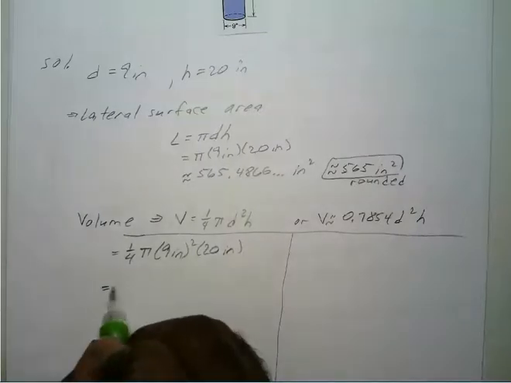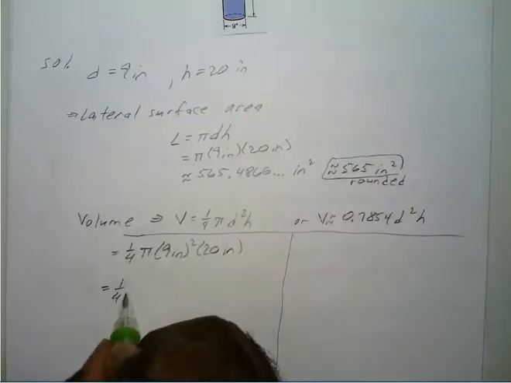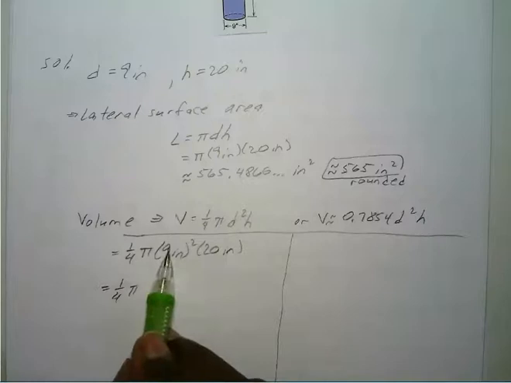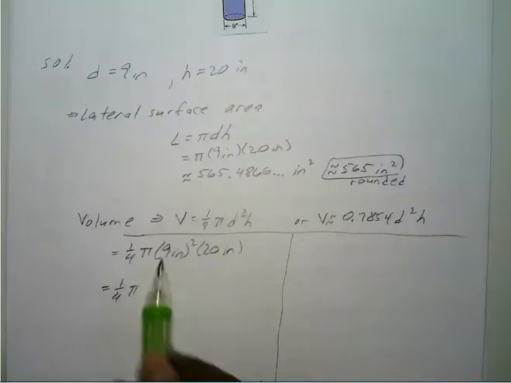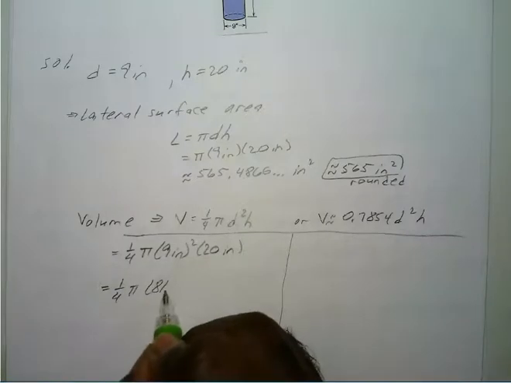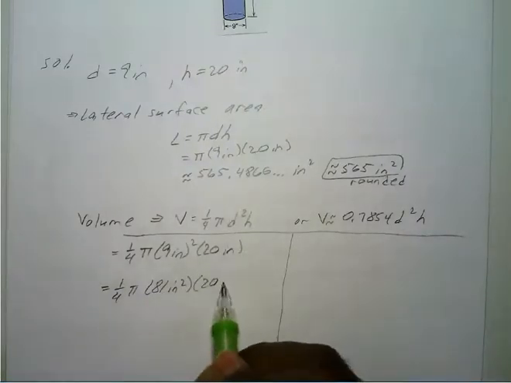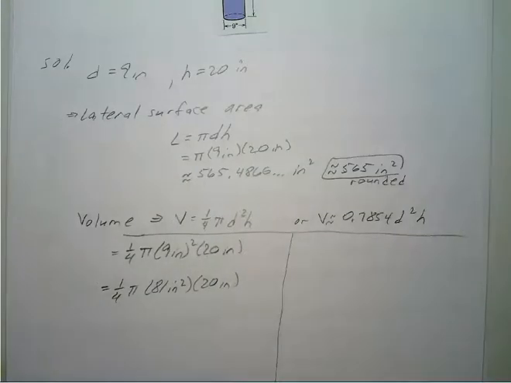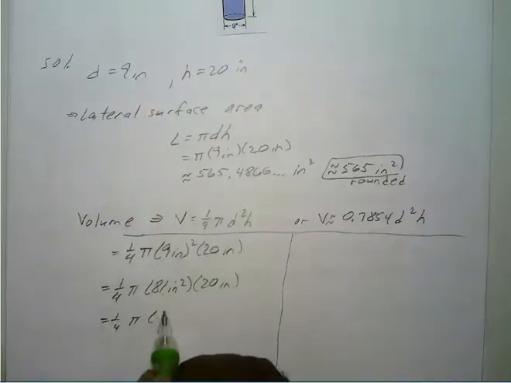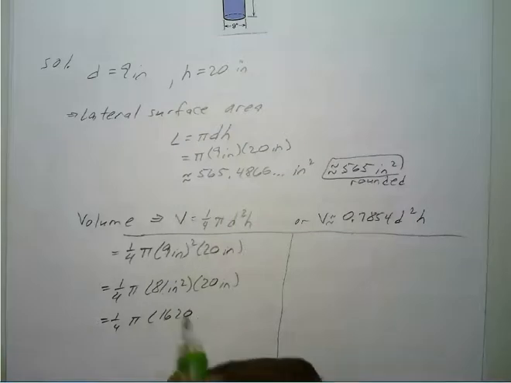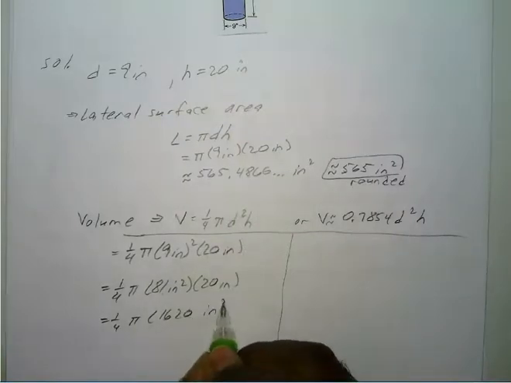Okay, so that's going to equal 1/4 times pi times 9 squared, so that's 9 times 9, which is 81. So that's 81 square inches times 20 inches. Okay, so if we go ahead and multiply those two, we end up with 1/4 times pi times 1,620 cubic inches.